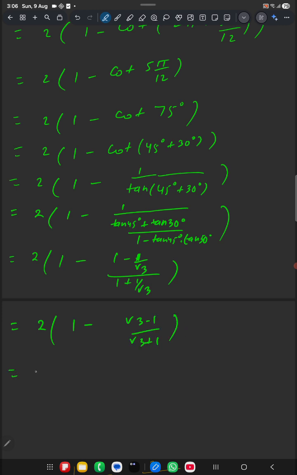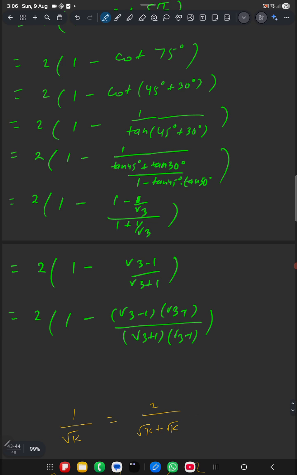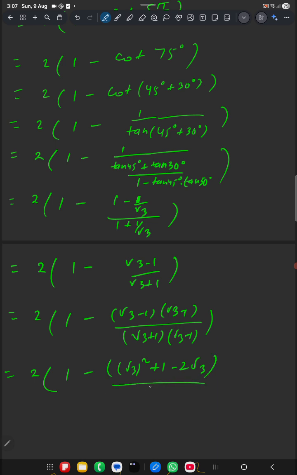So rationalize it, twice of 1 minus root 3 minus 1 into root 3 minus 1, root 3 plus 1, root 3 minus 1. So after rationalization you will get twice of 1 minus root 3 minus 1 whole square. So it will give you root 3 square plus 1 minus 2 root 3, isn't it? Divided by root 3 square minus 1 square.